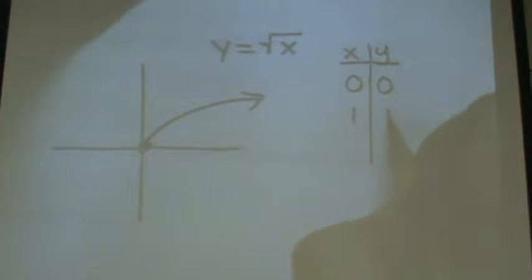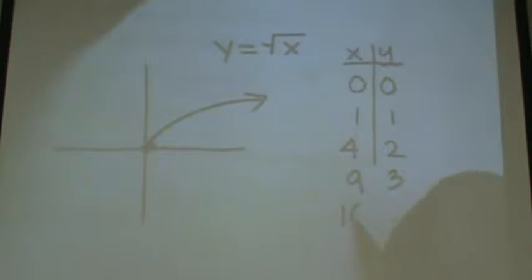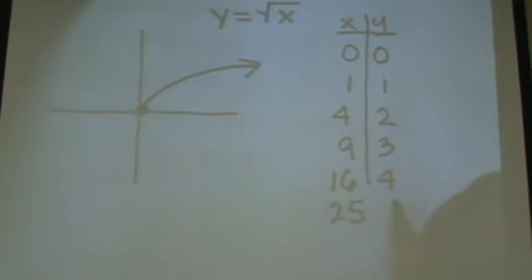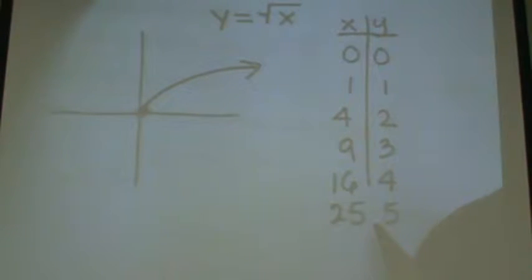What's the square root of 1? 4, 9, 16, 25. You know I could keep going, right? 36, 49.